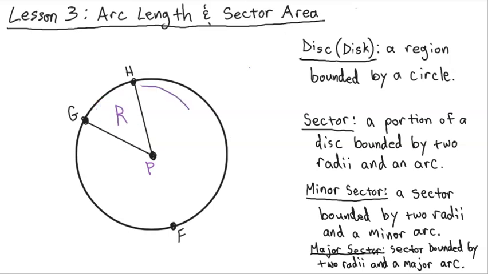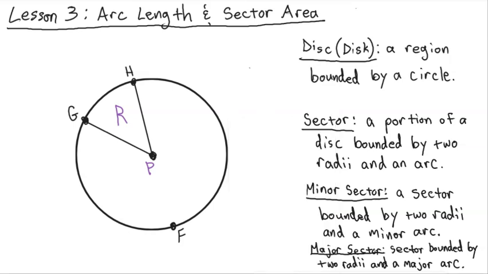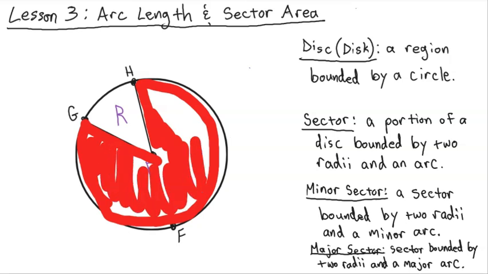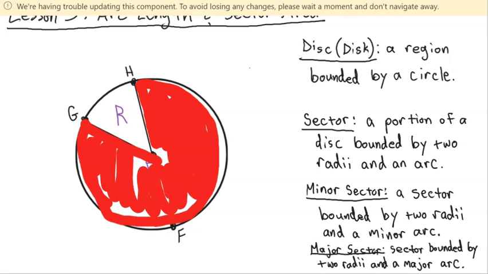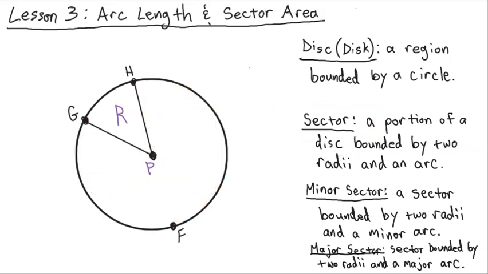Now, this region here is also a sector. It's bounded by this radius and this major arc. If we were to fill in this whole region right here, this whole red area that looks like a pizza where somebody took a slice out, that's a sector too.